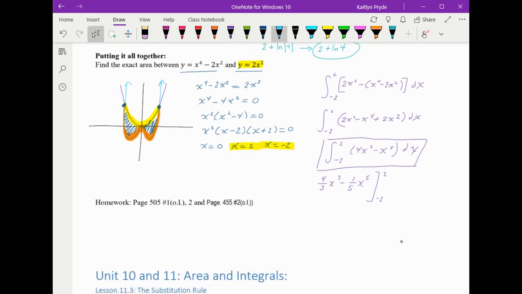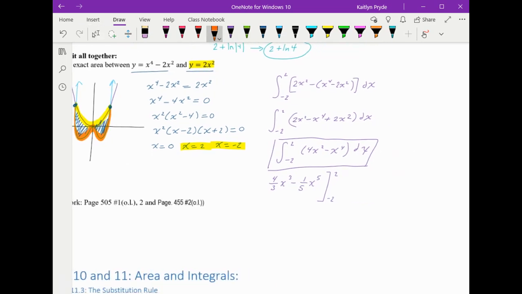If I plug in everything we have here, I end up with 4/3 times 2 cubed minus 1/5 times 2 to the fifth, minus, in brackets, 4/3 times -2 cubed minus 1/5 times -2 to the fifth. Again, you shouldn't see any plus c's anywhere, because we're looking at a definite integral, because we're bounded. We're actually between two curves here.